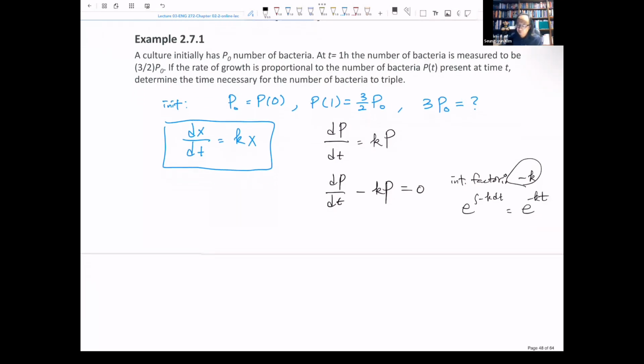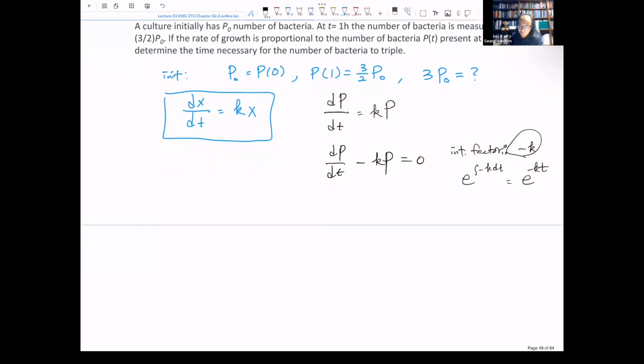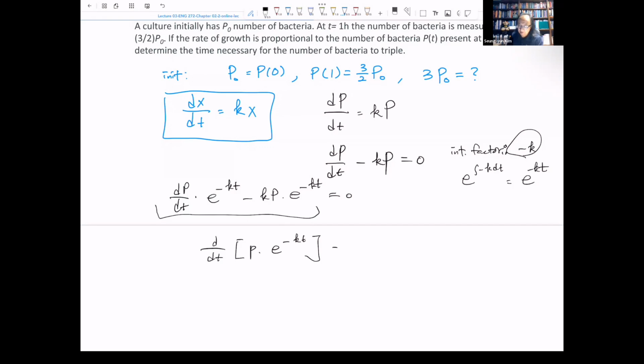So we're going to multiply the integrating factor to all the terms. We have dp over dt times e to the negative kt minus kP times e to the negative kt equals 0. And then the left-hand side is going to be d over dt of P times e to the negative kt, and the right-hand side is 0.